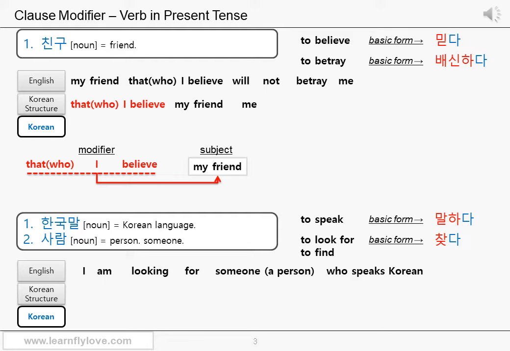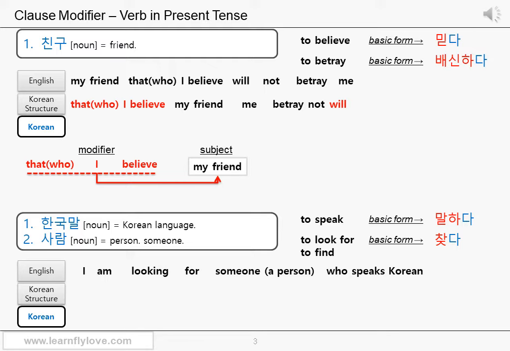So me comes first, and then will betray not comes at the end. It is actually going to be betray not and will. Betray not will, because in Korean you add additional element such as an ending at the end of the word. So it is going to be betray not will.